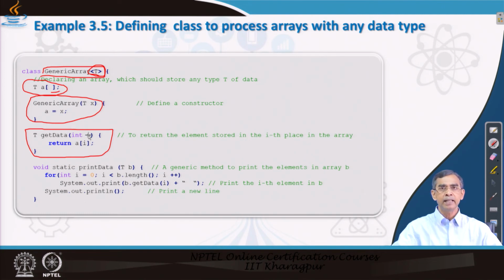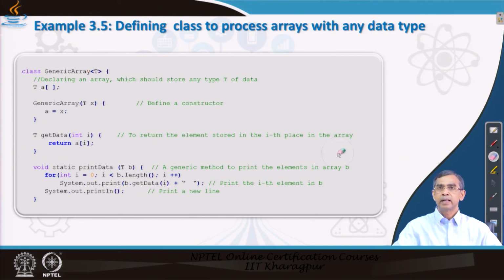So, getData(int i) means it will return the ith element which is stored in the array, and then printData basically prints the entire array, starting from 0 to the length of the array, it will print each element. So, these are very simple methods that we have discussed here in this class. One is the name, the value that it can store in the array, and then finally the print method and how to access each element in the array.